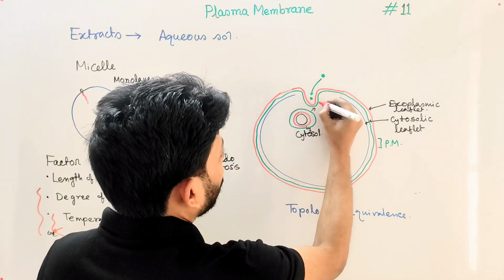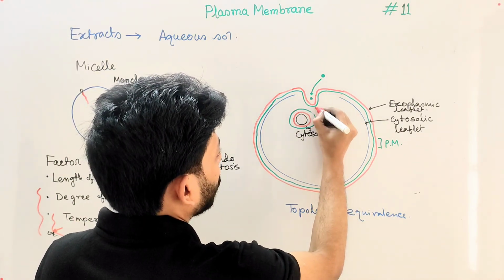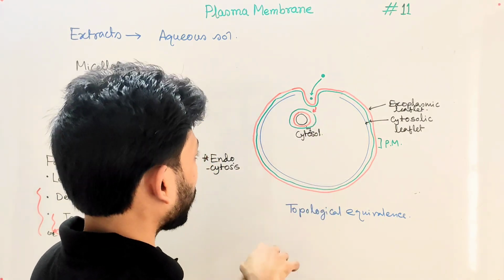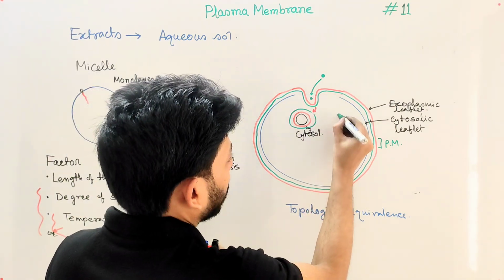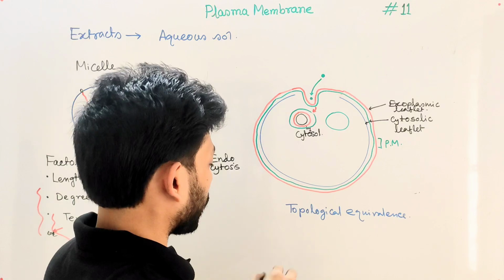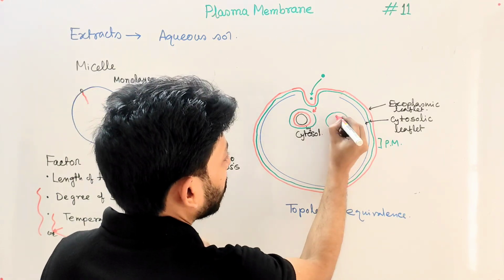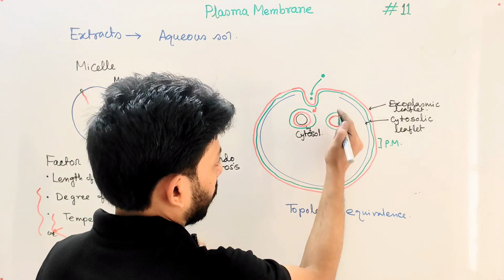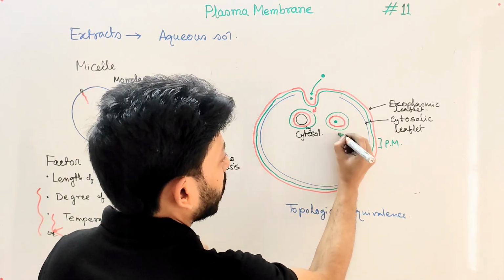Ultimately it will become like this. Basically, you see, the green will remain on the outside, the red will remain on the inside, and inside the red layer there will be the molecule, and this is called an endosome.